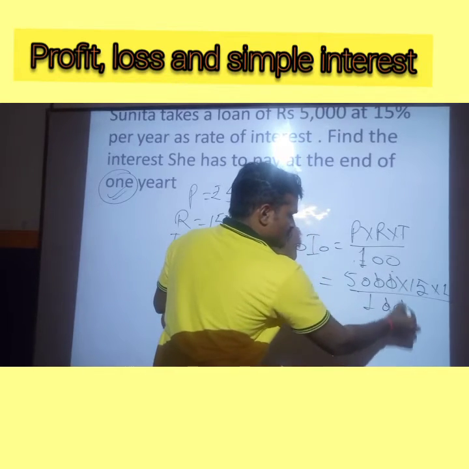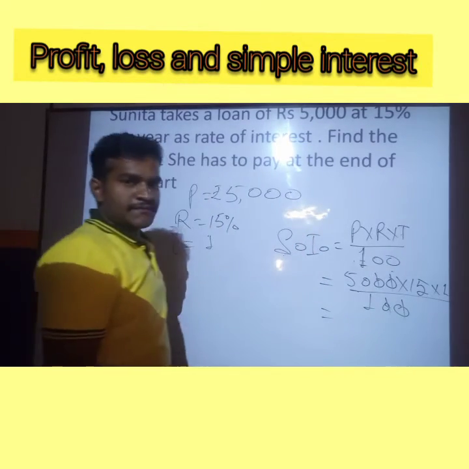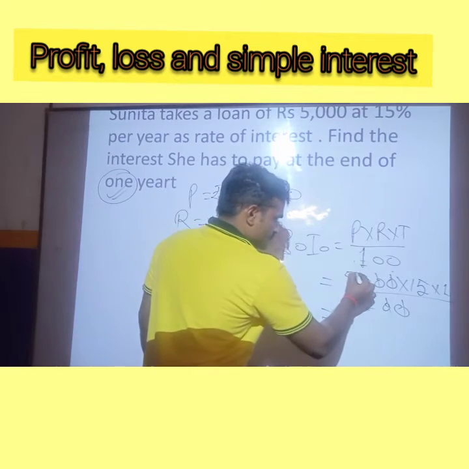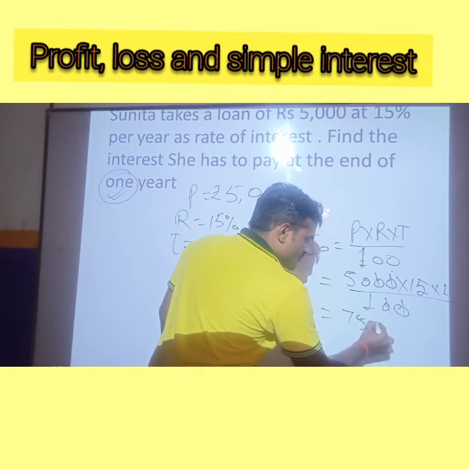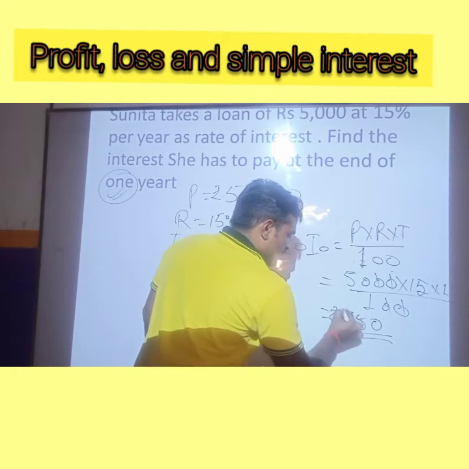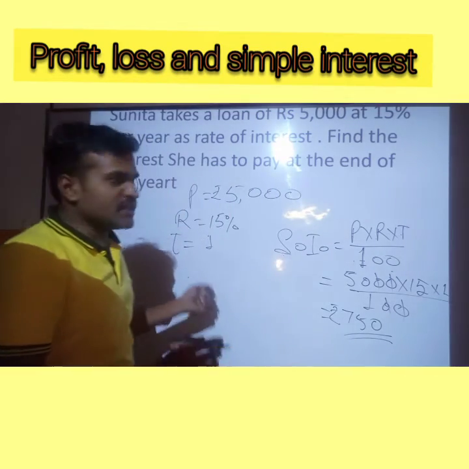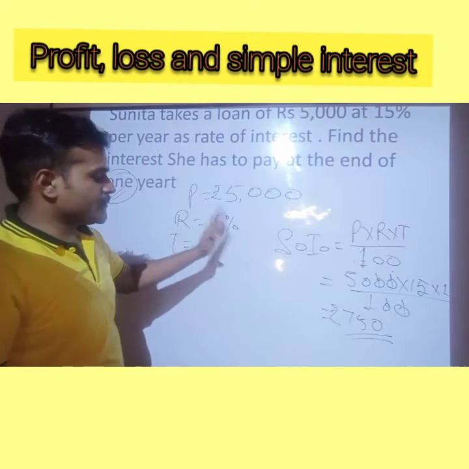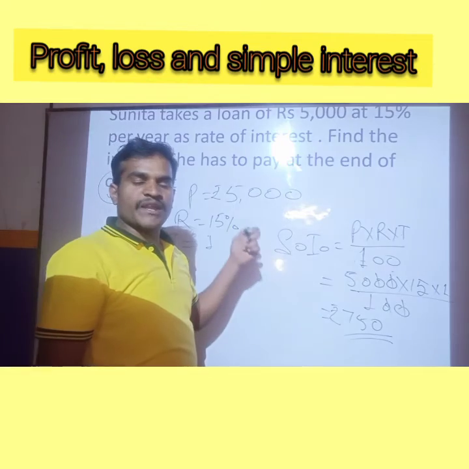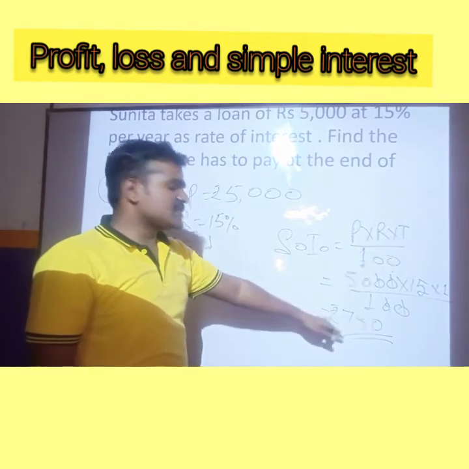So the zeros are cancelled. 15 times 5 is 75, and with the 10, it means 750 rupees is the interest, means Sunita will pay 750 rupees as interest. This is the additional money.